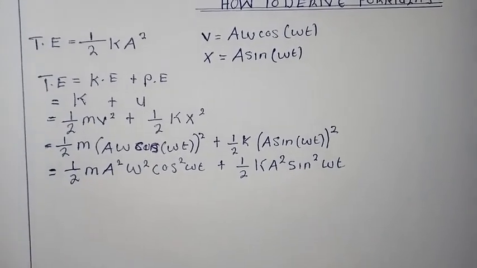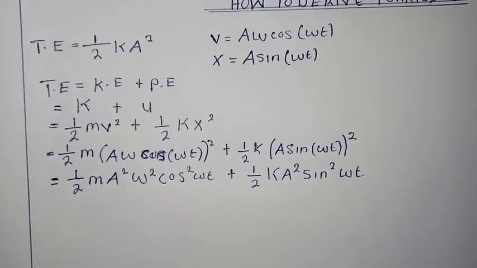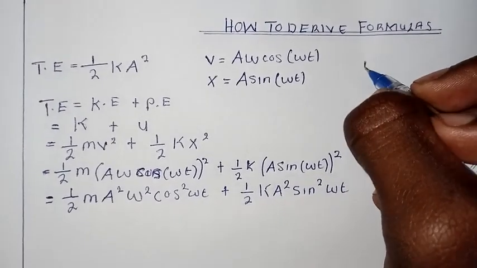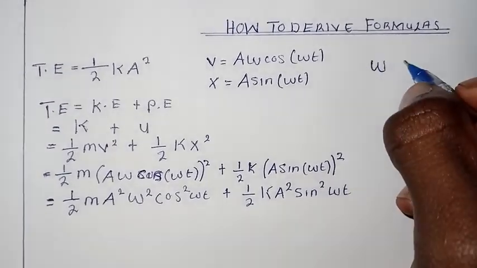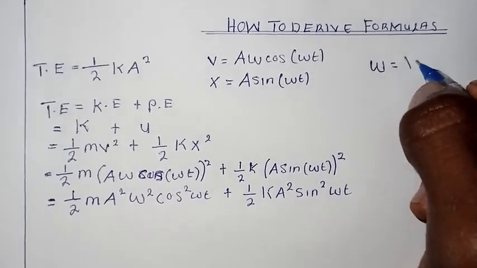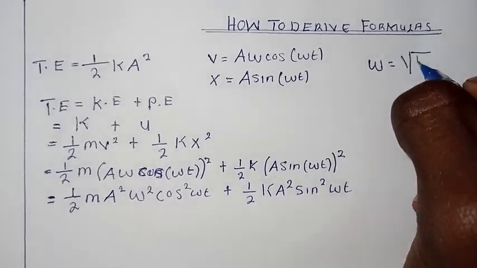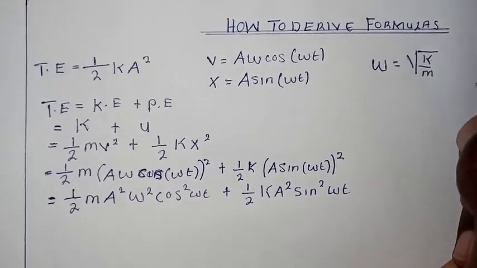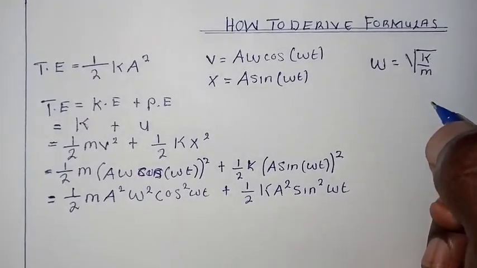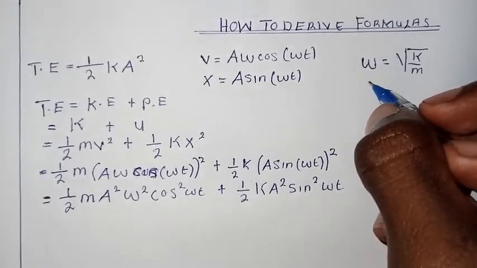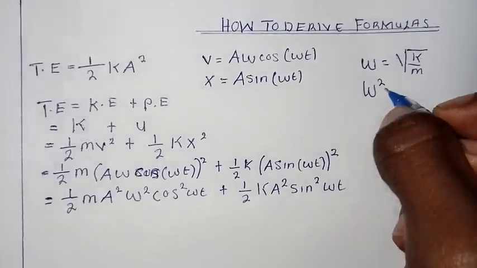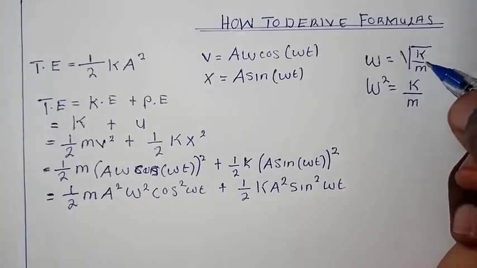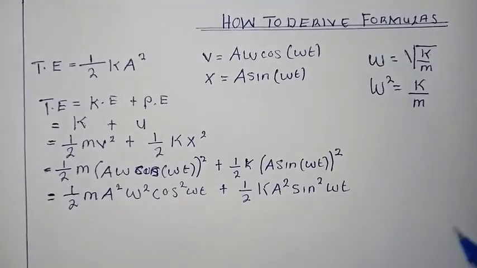Now, when you reach here, one thing that you must be able to understand is this. Omega is equal to root of K over M, where K is simply the spring constant and M is the mass. Then this simply means that omega squared is equal to K over M. I want you to take note of these two formulas.